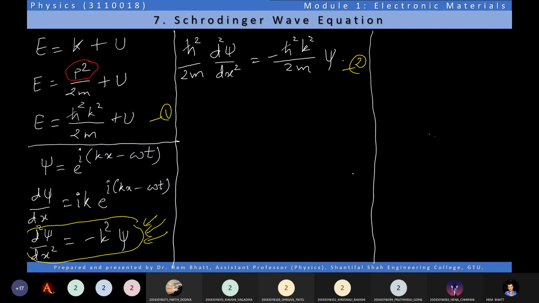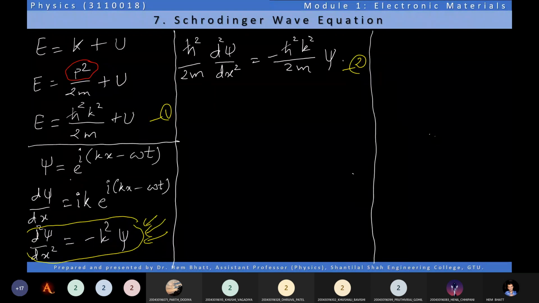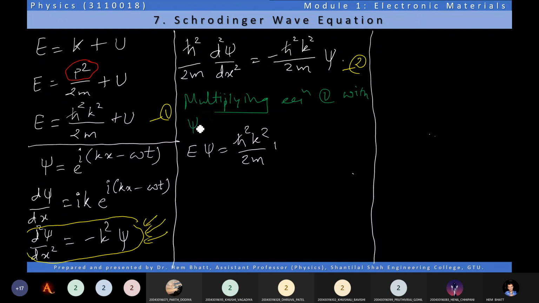Because now, see, if I multiply the first equation with psi on both sides, what do we get? E psi is equal to h cut square k square by 2m into psi plus u, potential energy, into psi.